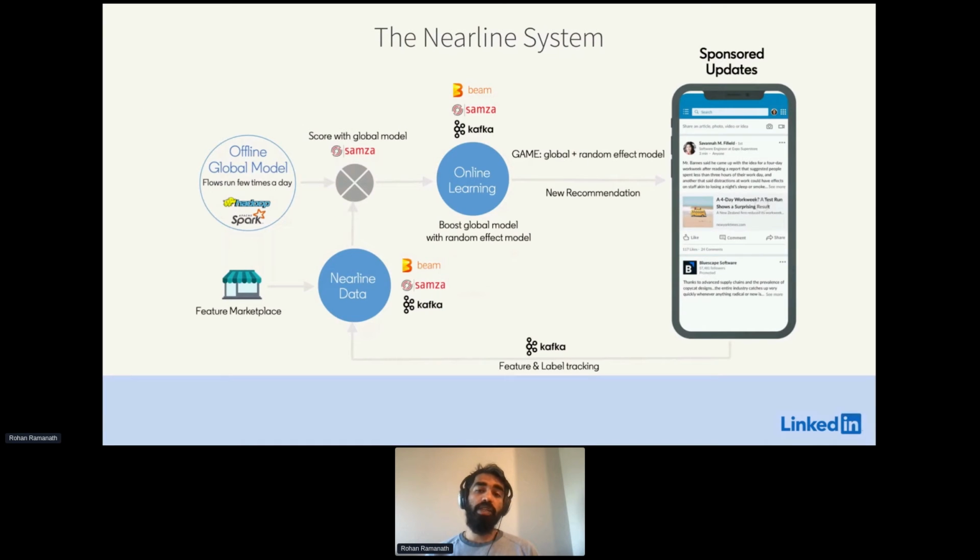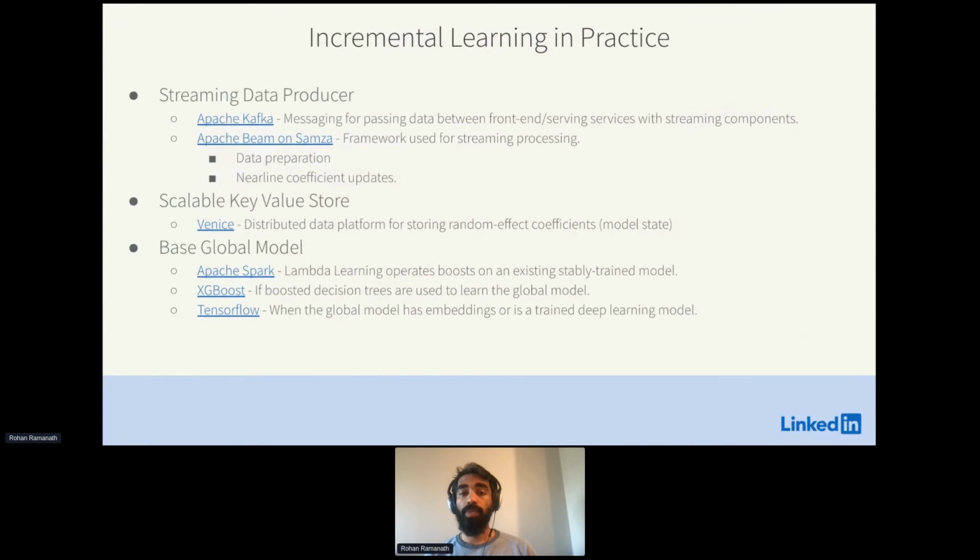Our nearline infrastructure is dependent on three major components, which are built on a variety of technologies, many of which are open sourced. The first is the streaming data processor. This contains a combination of Apache Kafka, which is a distributed messaging system, as well as Apache Samza, which is a stream processing system.